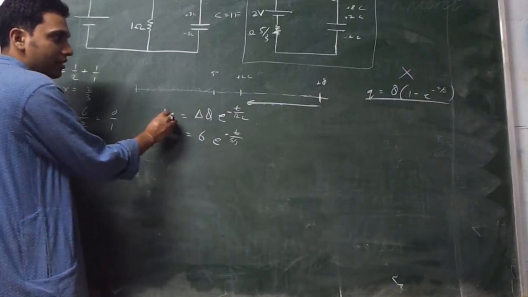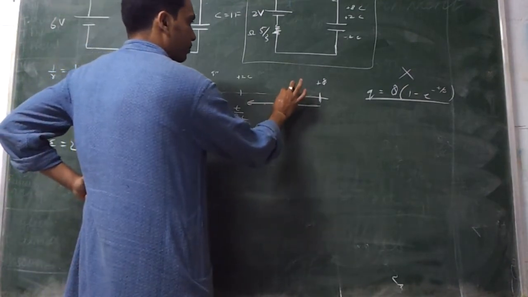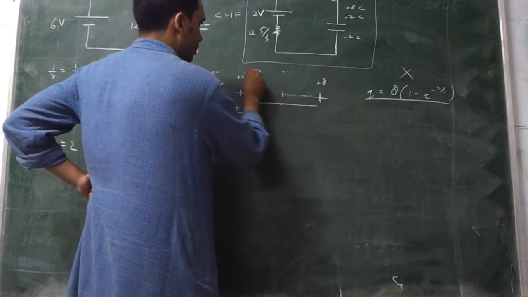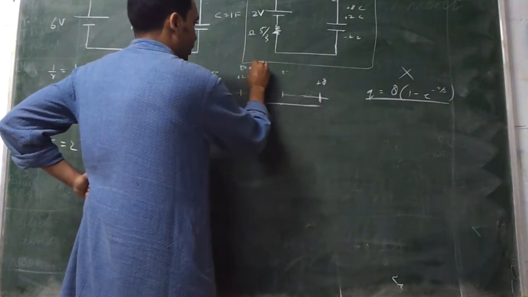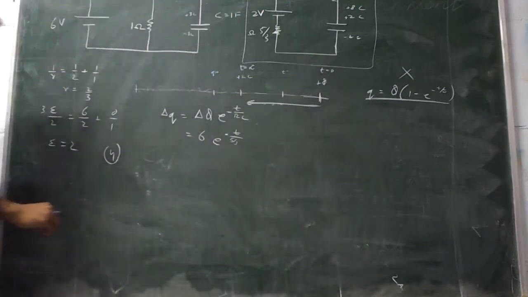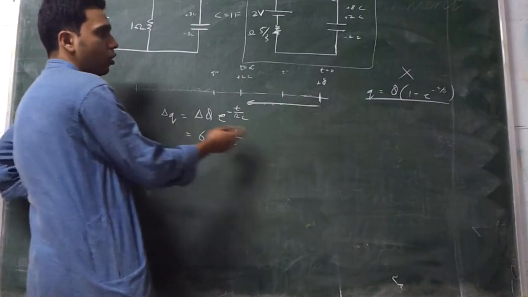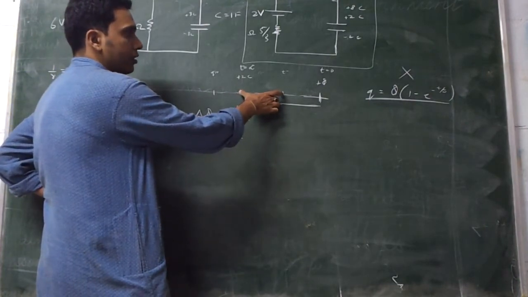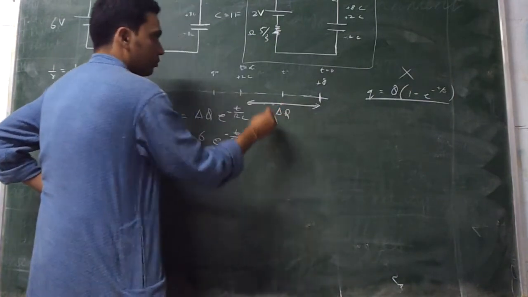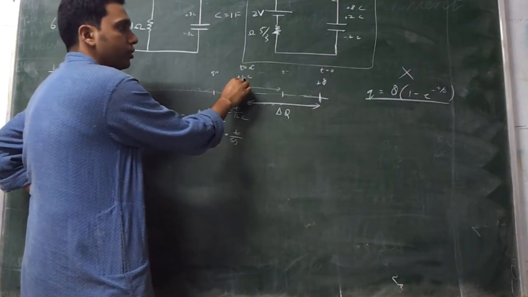And this delta Q is, if you are at a certain position at any time t, with t equal to infinity here and t equal to 0 there, how much charge is remaining from the position you want to reach.